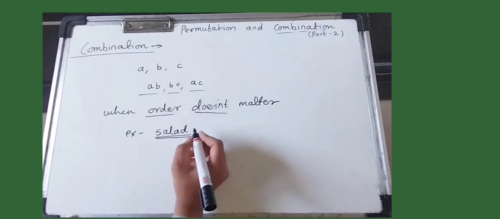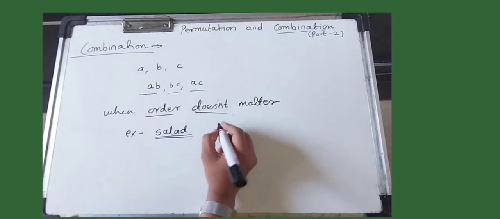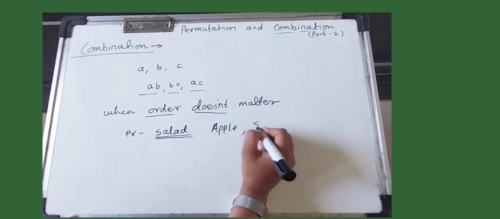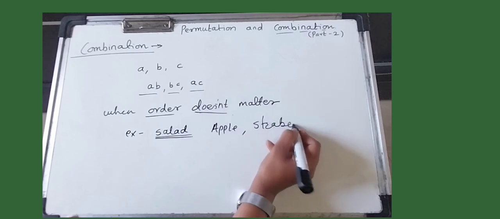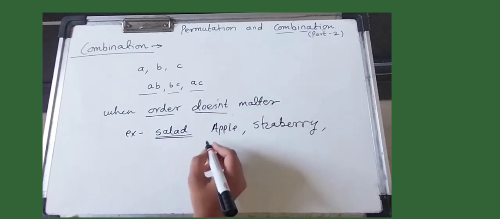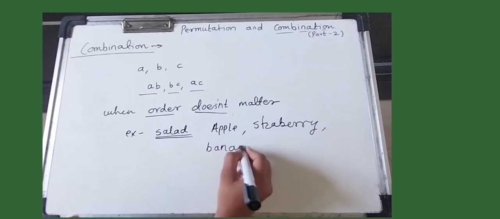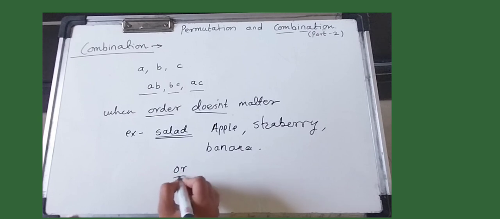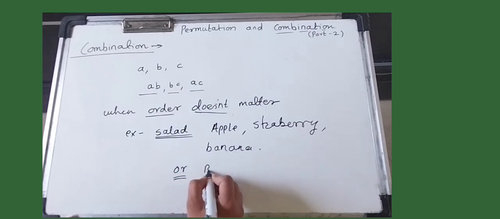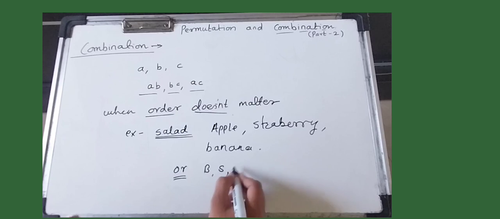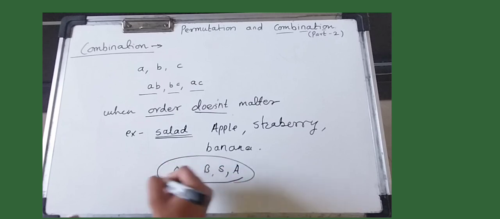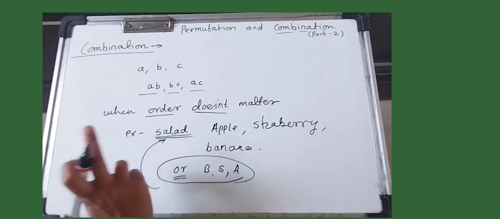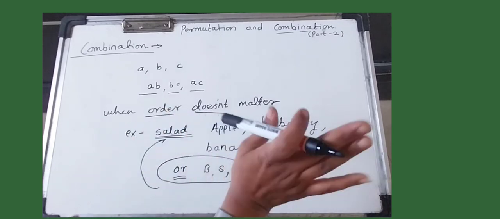If I want to make a salad of apple, strawberry, banana, or I take first banana, then strawberry, then apple. Is there any change in the salad? No. So this is the combination. We call it a combination where the order doesn't matter.